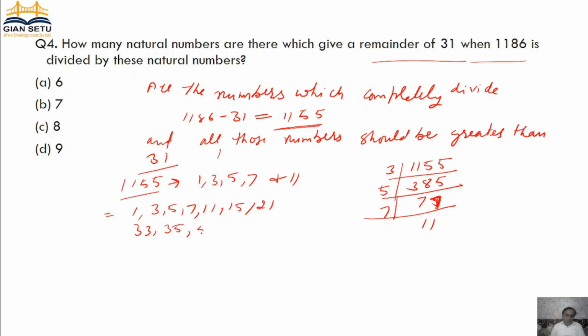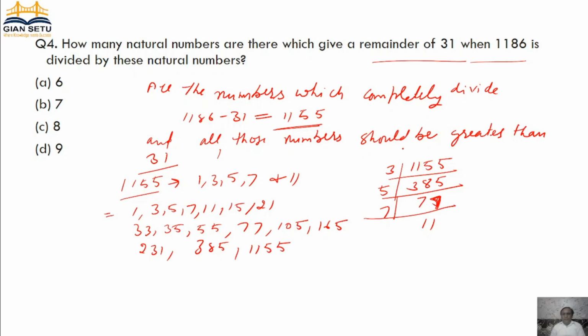Then we have 55, then 77 and 105. Okay. Then 165. Okay. Similarly we have 231 and 385 and 1155 itself.